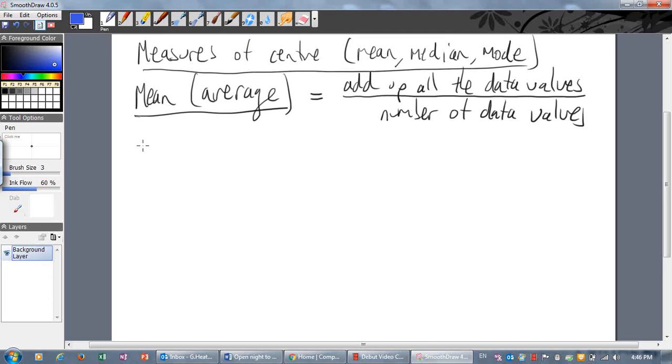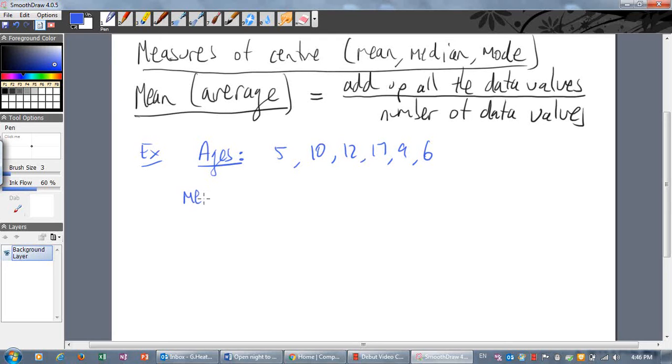Okay, so for an example, let's do ages. So if you had a bunch of people and you asked them what their ages were, and this is what they said: 5, 10, someone said 12, there was a 17-year-old there, a 9-year-old and a 6-year-old. Let's say you had that many people and you wanted to know what the average was.